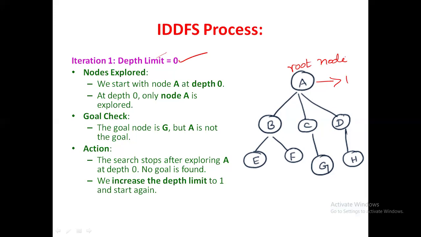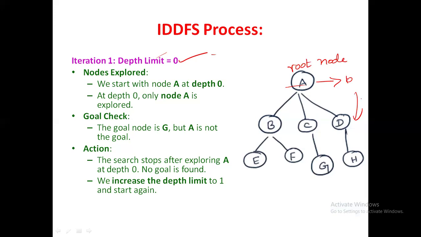We check if A is the goal node, but it's not. Since there are no further nodes to explore at depth 0, the search halts here. As the goal was not found, we increase the depth limit from 0 to 1 and proceed to the next iteration.